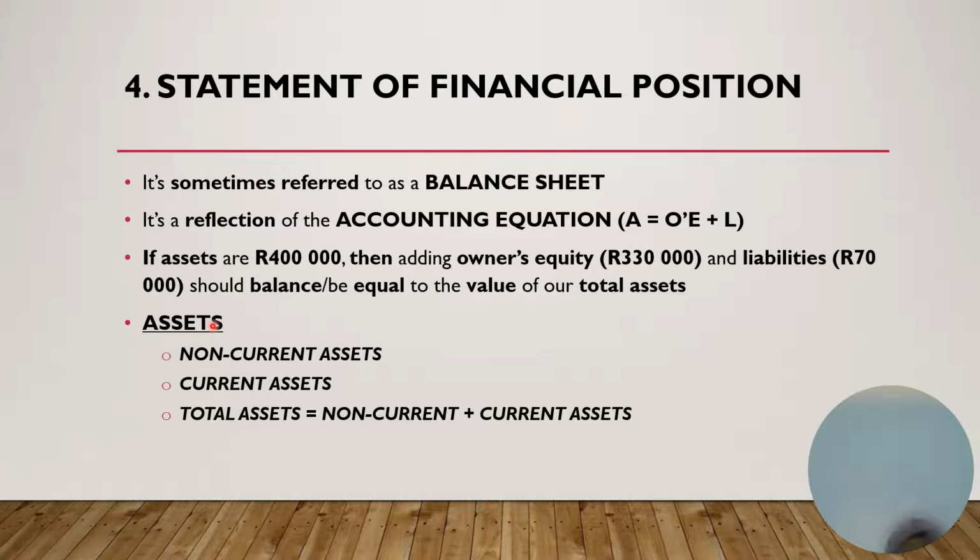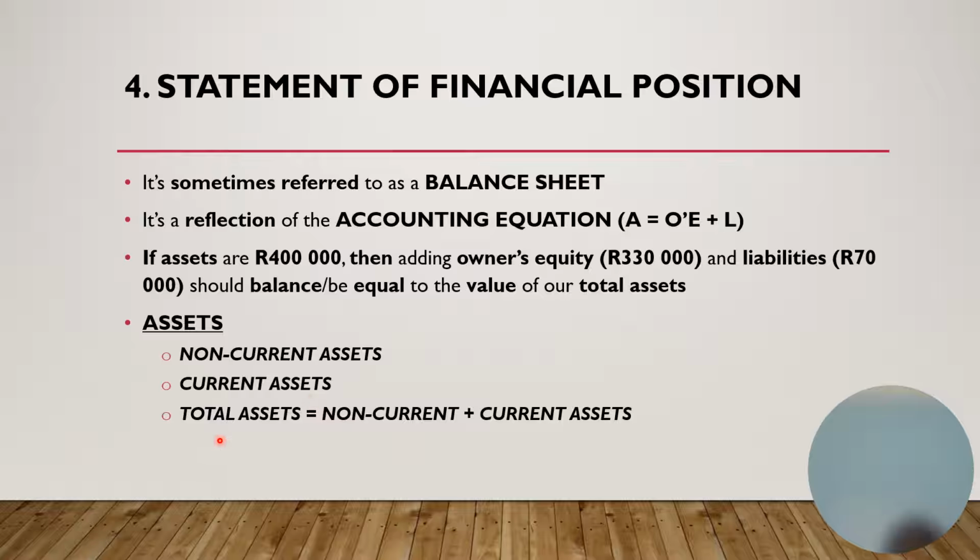Okay, we know the definition of an asset, mostly. Now your assets will be divided into two, which is current assets and non-current assets. Those are your assets, and then when you add them, you get the total value of assets.